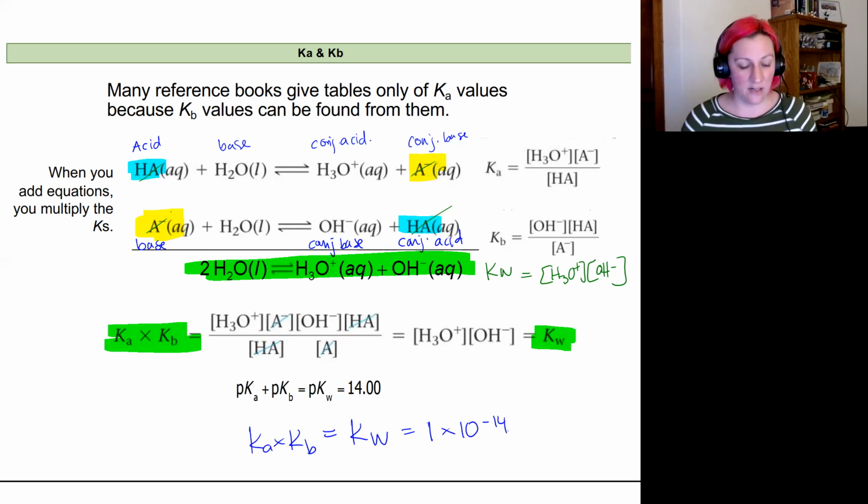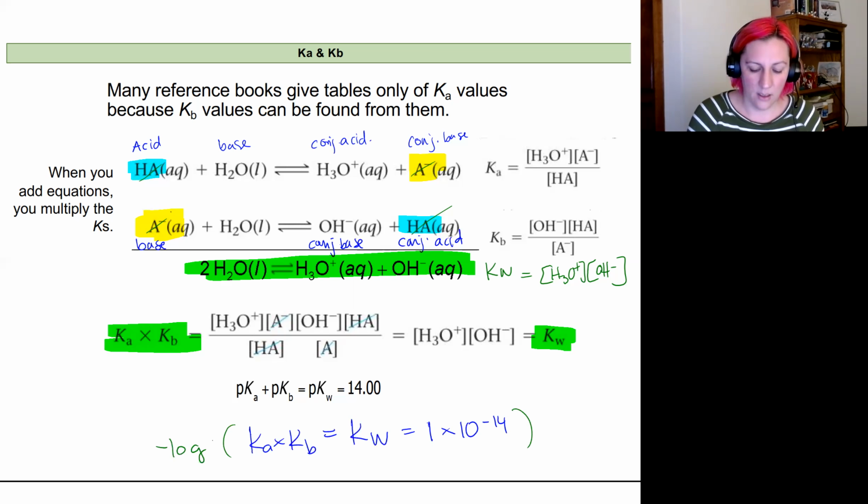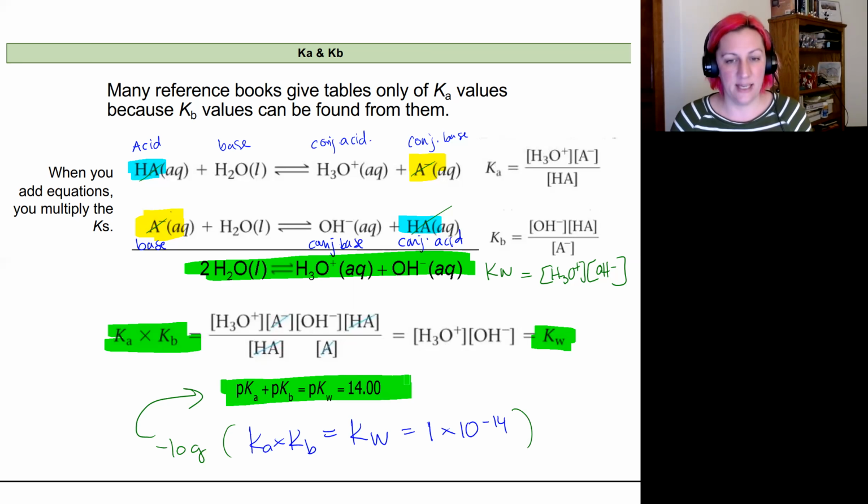We can take the negative log of the entire thing if we want. And that's going to give us this version right here, where the pKa plus the pKb is equal to the pKw. And the pKw is the negative log of 1 times 10 to the negative 14th. That value is 14.